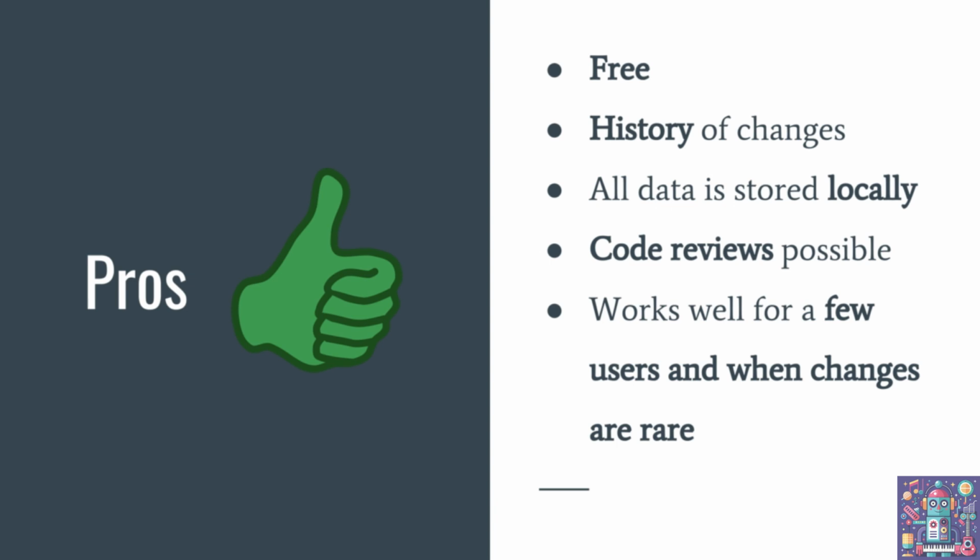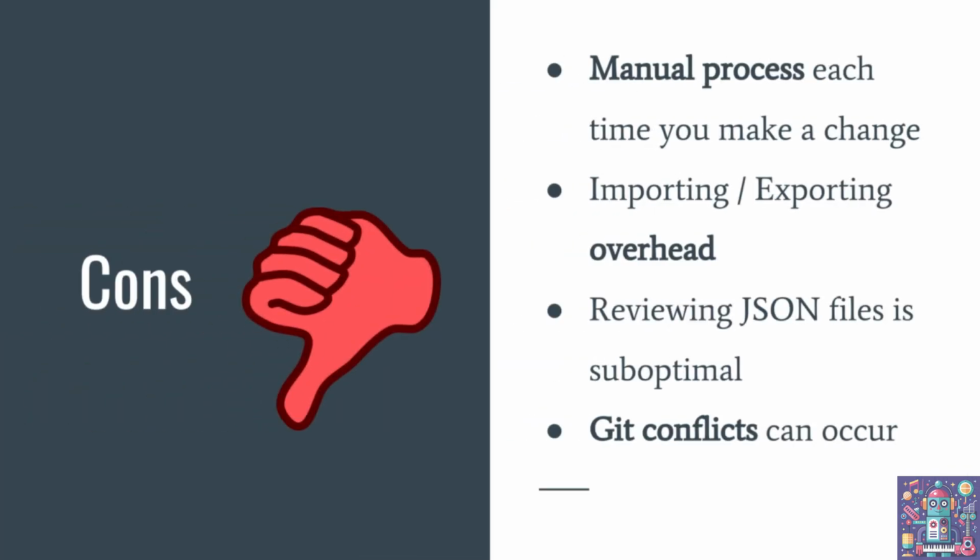Now, let's take a moment to look at the cons. What does not work, or which cases are not so good? You have this manual process each time you want to make a change. Everybody working on these collections needs to know the exact workflow, what to do and when to do it, so that no information gets lost. And you have this importing and exporting overhead.